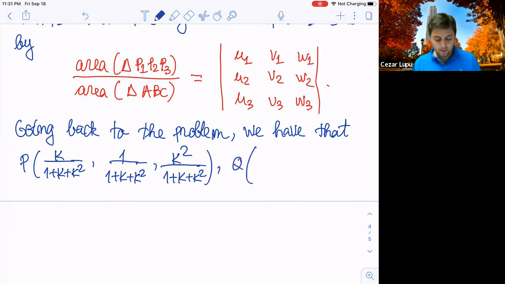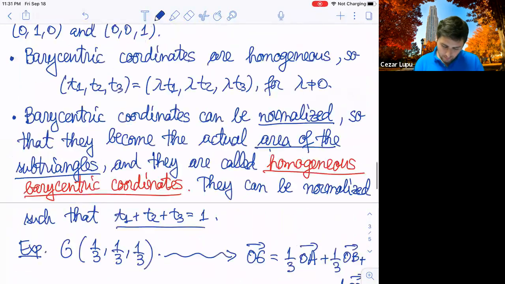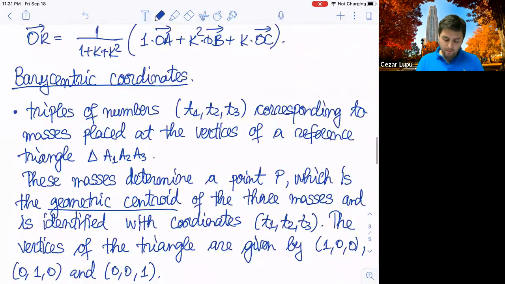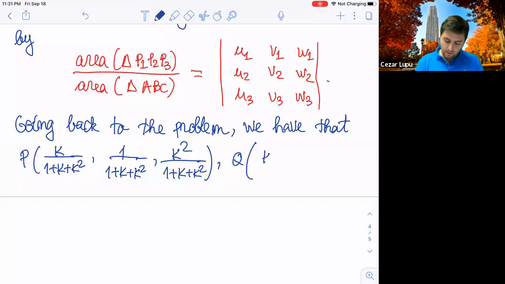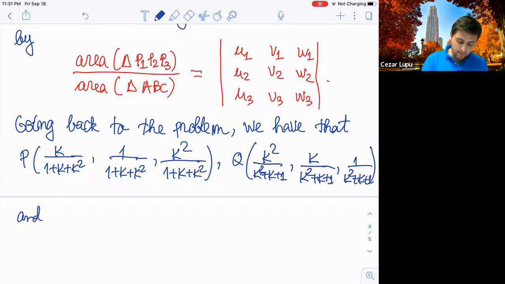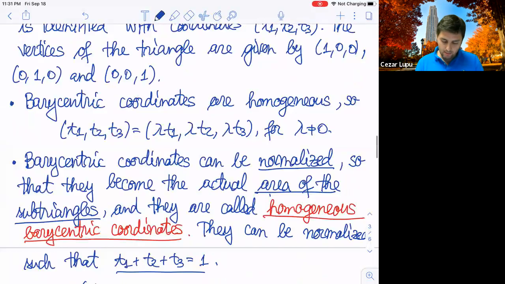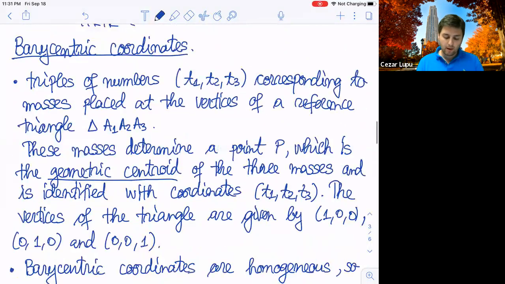Q will be, what was Q? I think it was K squared, K, 1, over K squared plus K plus 1. And the last vertex was, let's see, what did we have? I think we had 1, K squared, K.